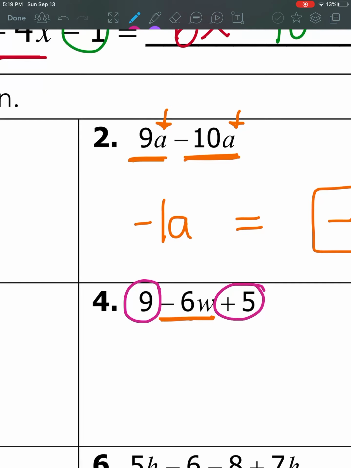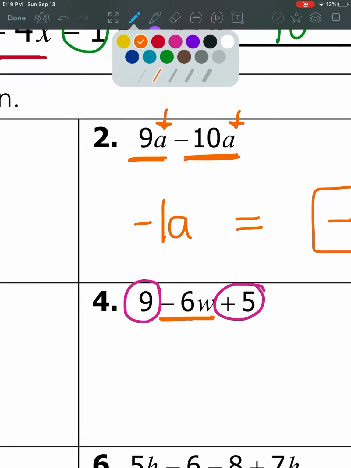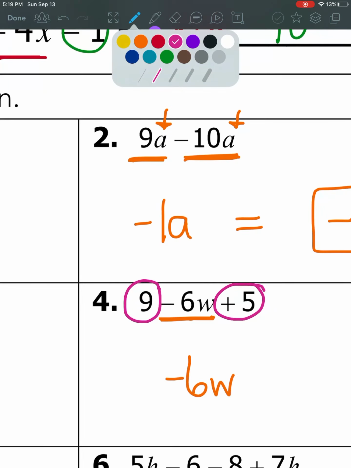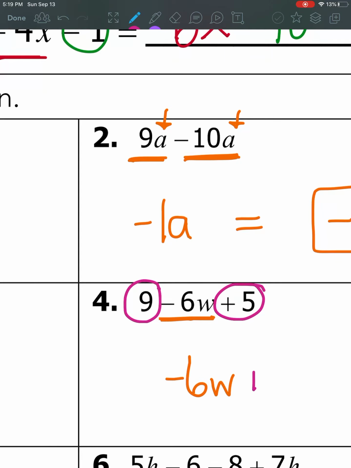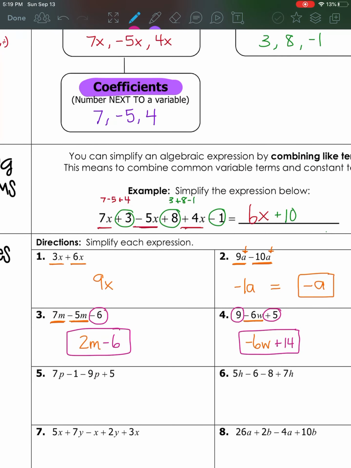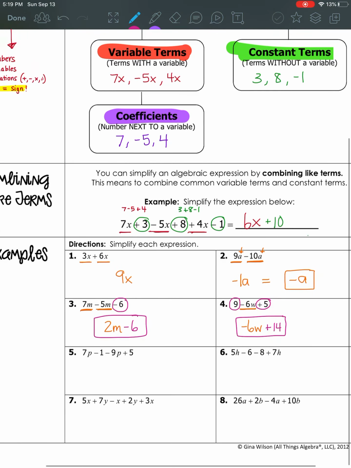Now, the constants, we have a 9. We know it's positive because there's nothing in front of it, and then also a positive 5. So when we combine these, the negative 6w we can't combine with anything. It's going to stay exactly how it is. And then the 9 plus 5 we can combine to a positive 14. So negative 6w plus 14, it's the exact same thing, just a little shorter than the expression we started with, okay?